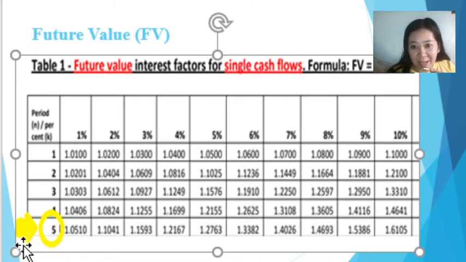Here, you could notice the yellow arrow and the circle. This is our starting point. So this is how to use the table. First is to identify the period. Again, in our example, it's 5 years. So you will have it here in this part.